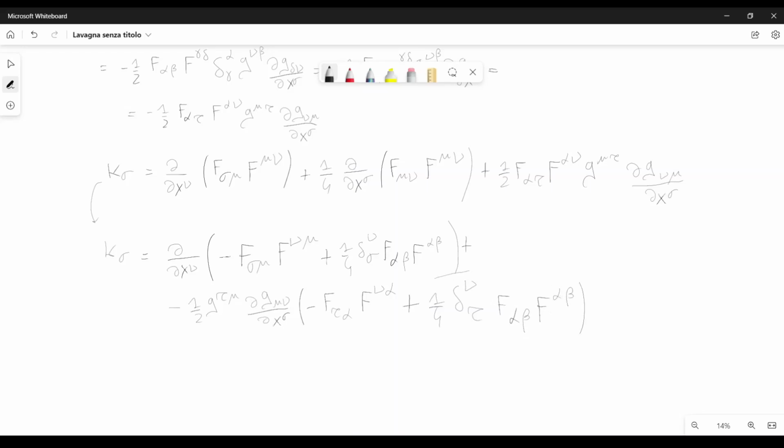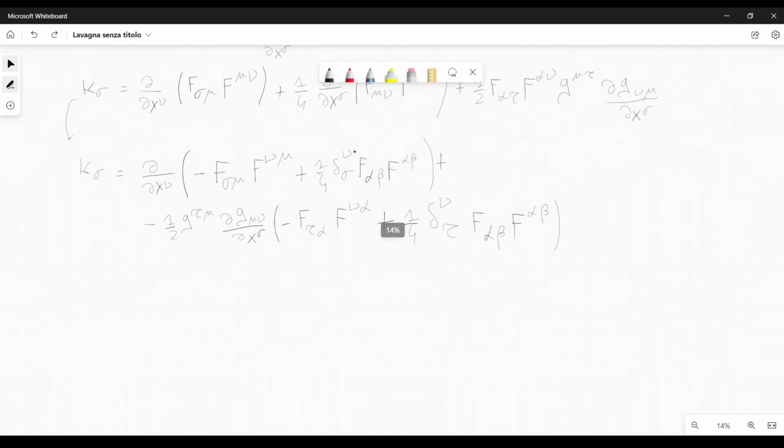Now, why does this term here give no contribution? Well, it's simply because when we multiply delta nu tau by what's outside of this parenthesis here, you will get delta nu tau g tau mu derivative of g mu nu with respect to x sigma.